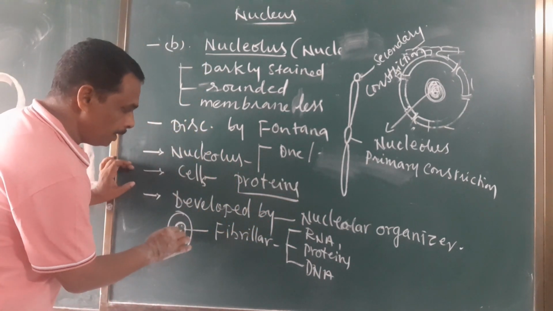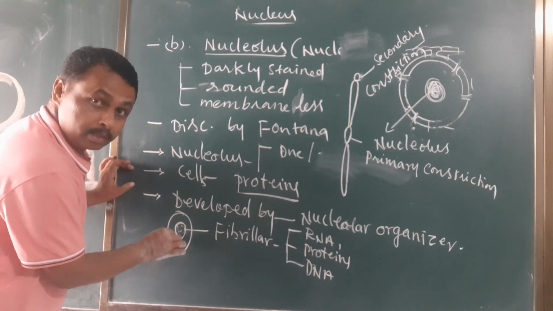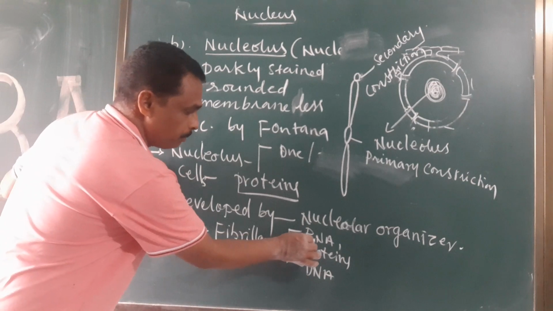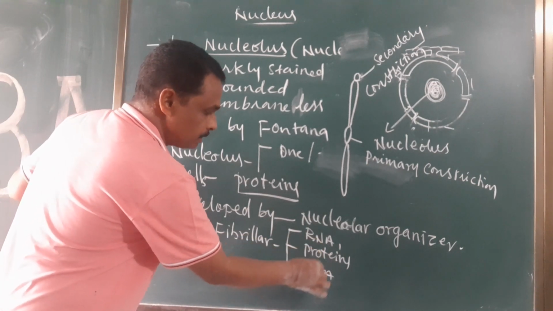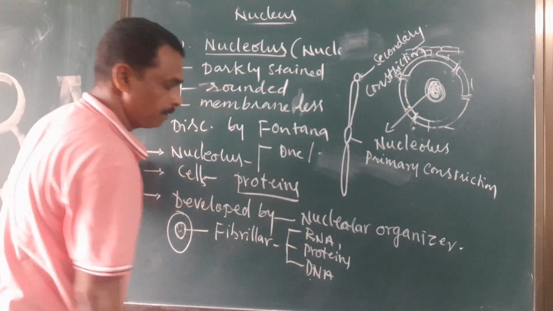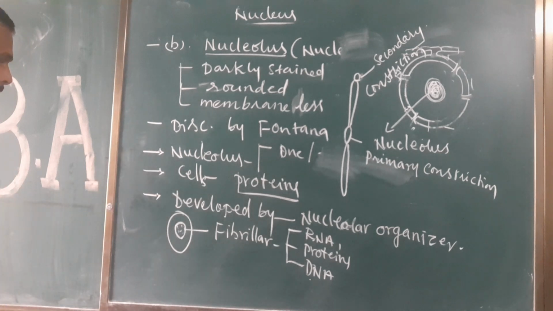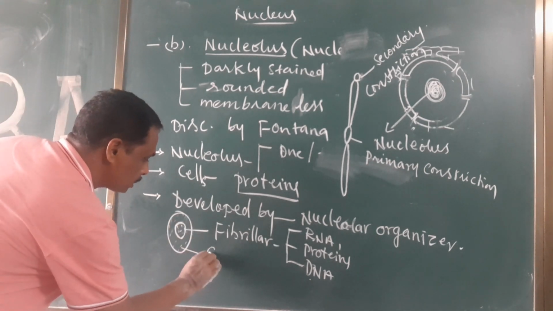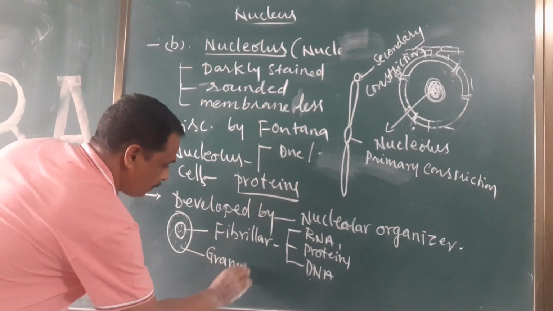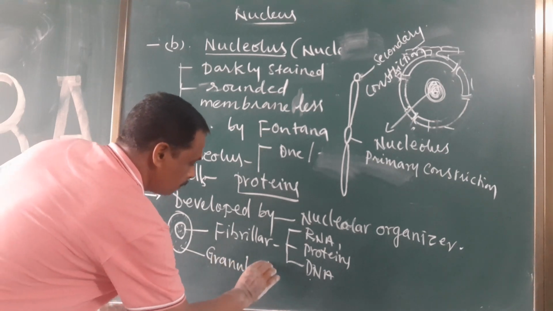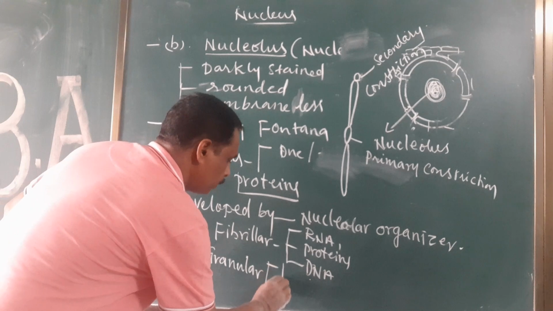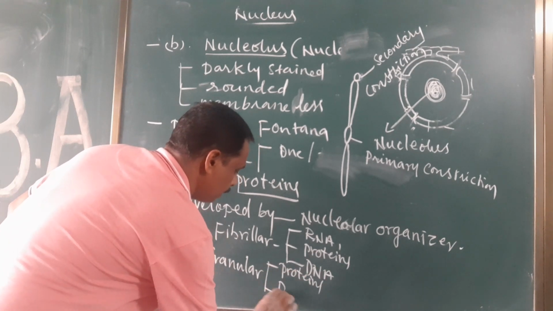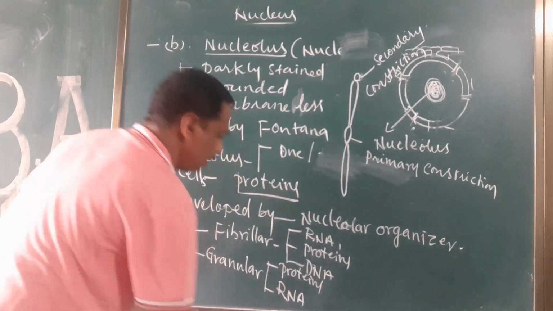The central part of this secondary constriction is the fibrillar part, which is composed of RNA, proteins and a trace amount of DNA. On the periphery there is a granular part, which is composed of proteins and RNA.